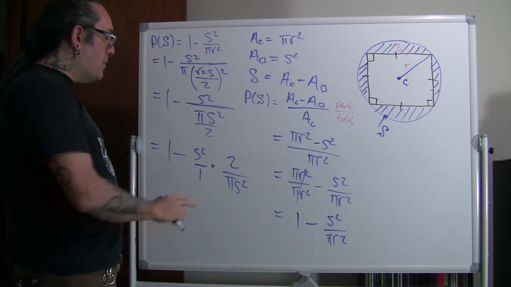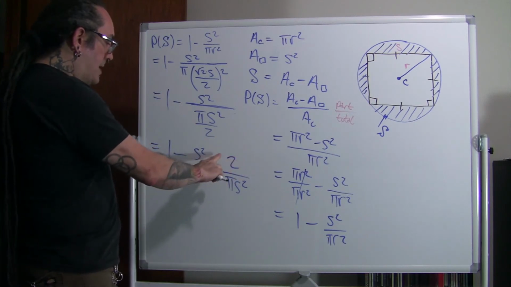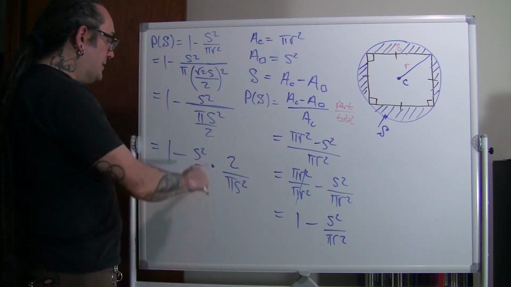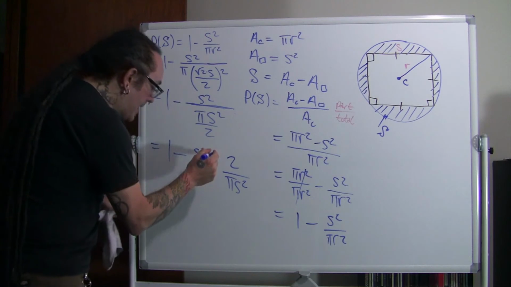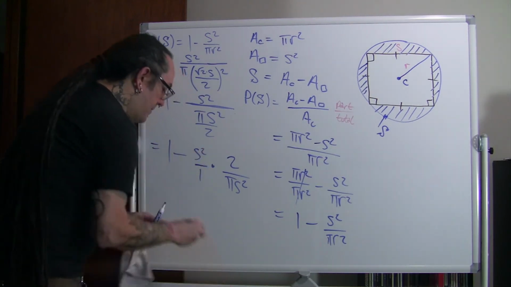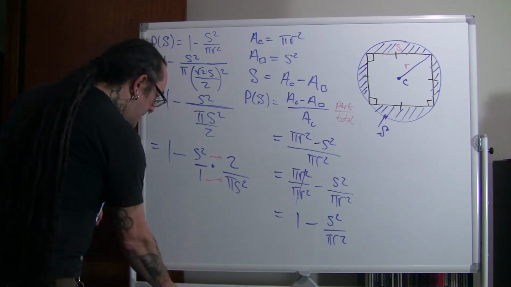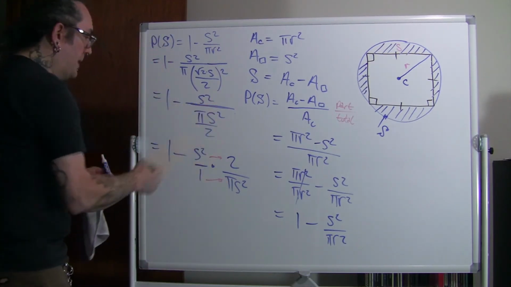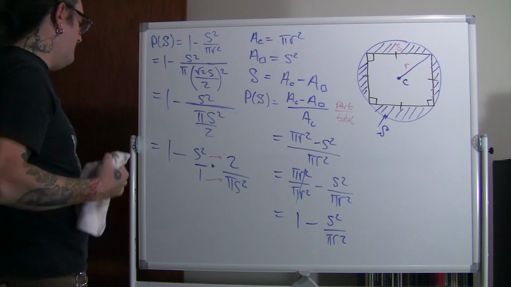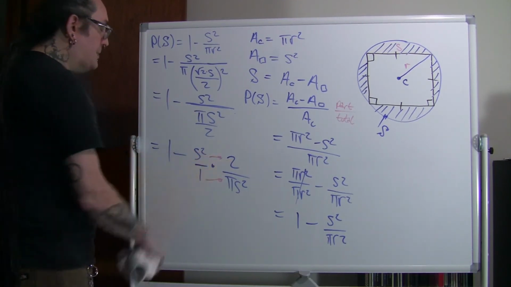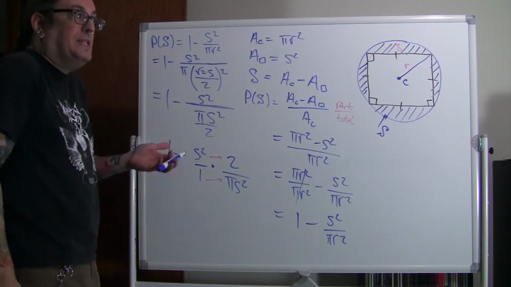And now when we multiply things, they're just going to wind up together in the top and in the bottom. So this is 2s squared on the top because I multiply straight across the top, straight across the bottom. To save space, I'm just going to erase it and replace it with what it turns out to be. So this is s squared times 2. I would like to call that 2s squared.